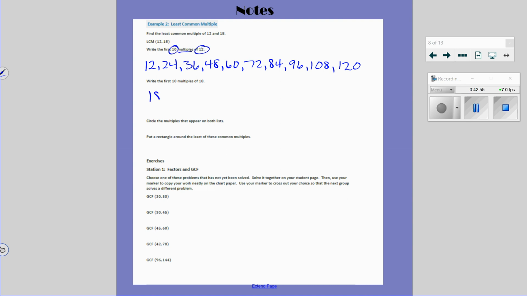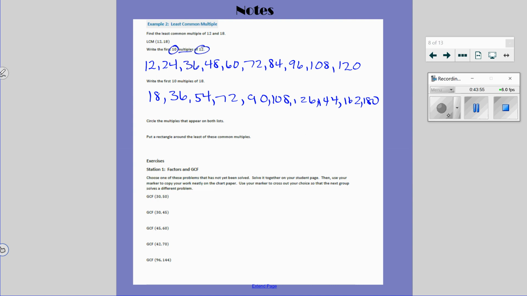So for 18, I'm just adding 18 each time, like the division algorithm table, but I'm adding 18 mentally. 18 plus 18 gives me 36, then 54, 72, 90, 108, 126, 144, 162, and 180. Okay, we'll finish this after lunch.